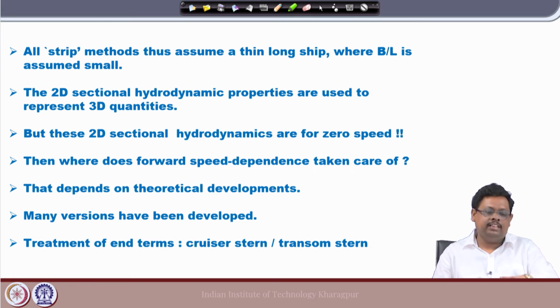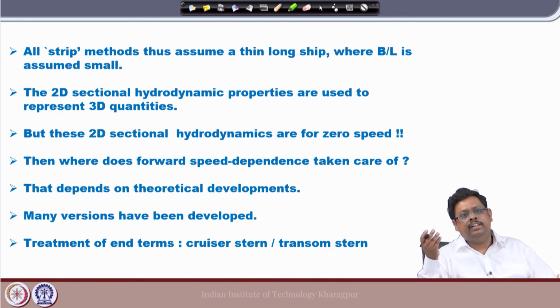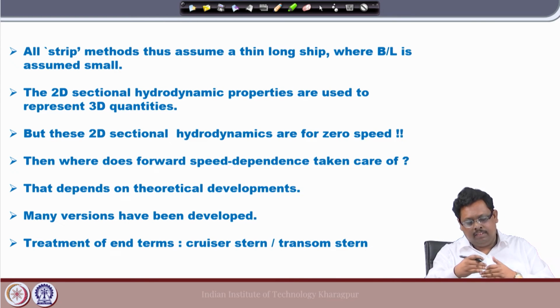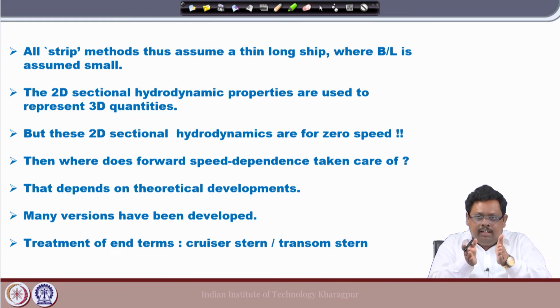Now, let us see what is written over here. This is again just a summary. All the strip methods or strip theory methods assume a thin long strip, that the B by L ratio is small. That means the length is much larger compared to B, so we can assume it is a thin strip.